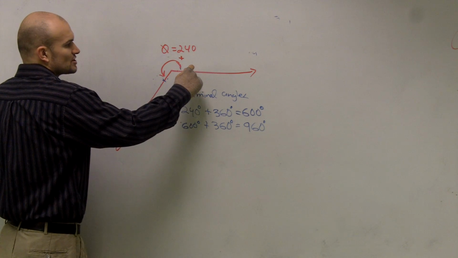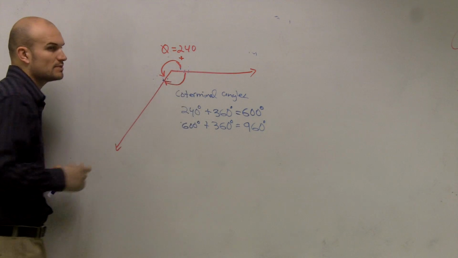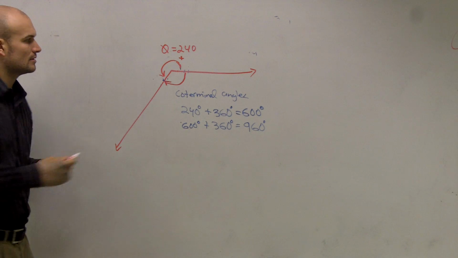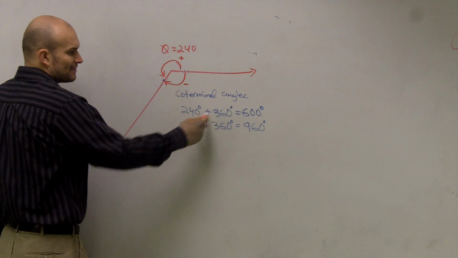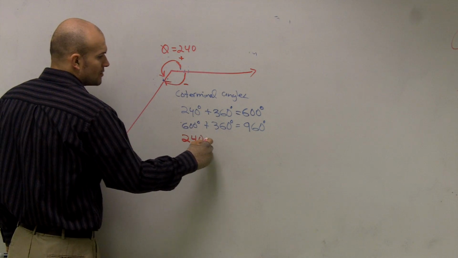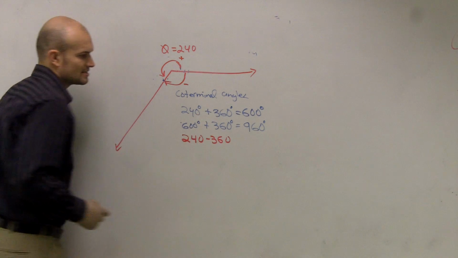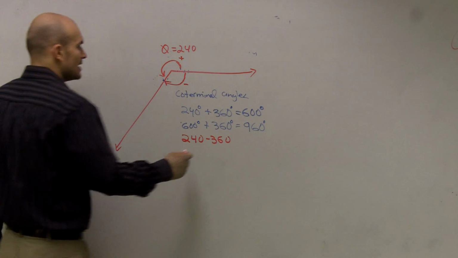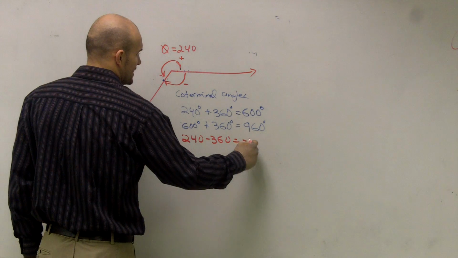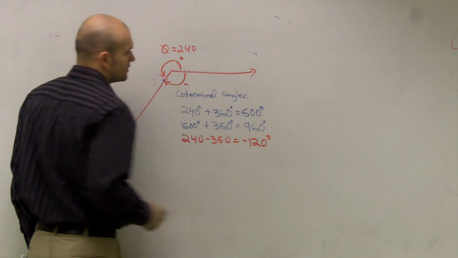We can also start here and go here, which is called the negative direction. Right? Well, how do we find that value? Well, just like we can add 360, you can also subtract 360. And when you do that, you end up getting a negative 120 degrees.